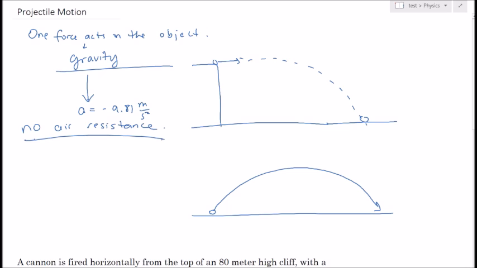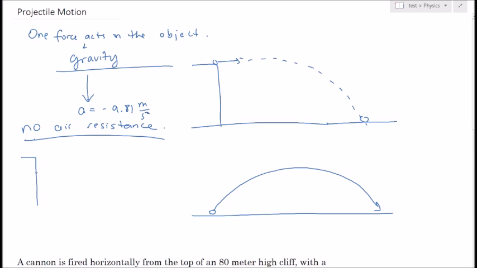Now, that's an interesting one because it would seem not to align with a lot of real-world scenarios. Obviously, there's air resistance in most real-world scenarios, but the conclusion from this is since there's no air resistance and the only force acting on the object is gravity, whether we throw something horizontally or just drop it, the two objects will fall at the same time.